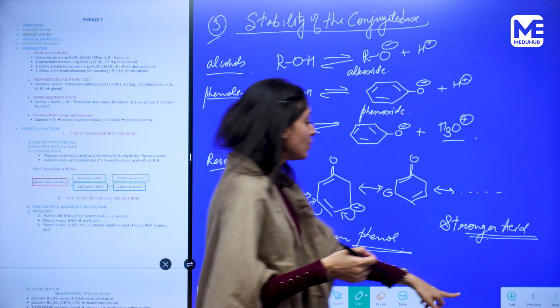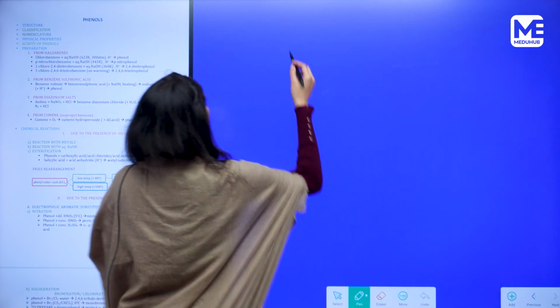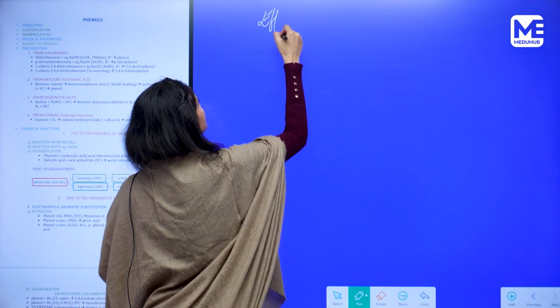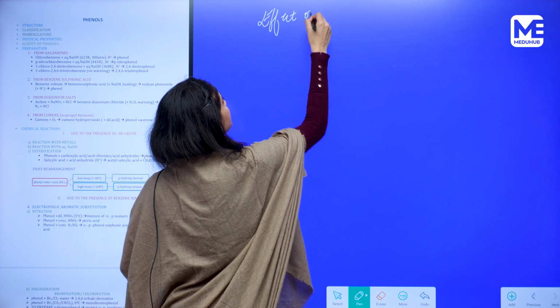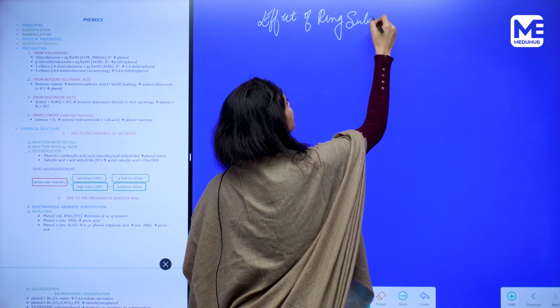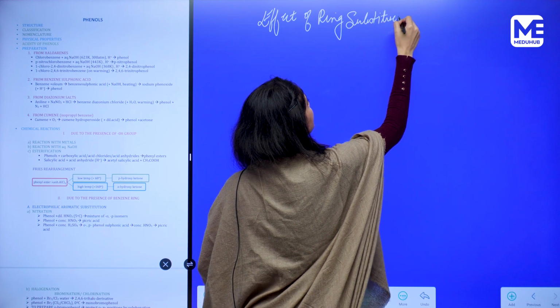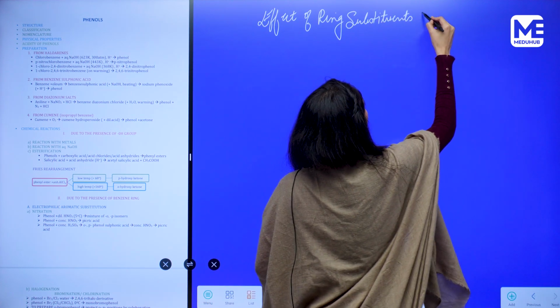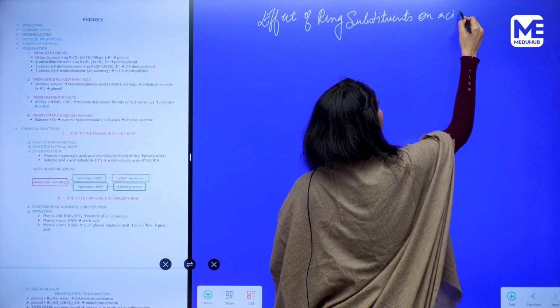Okay, now what do you think will be the effect of ring substituents on acidity of phenol?